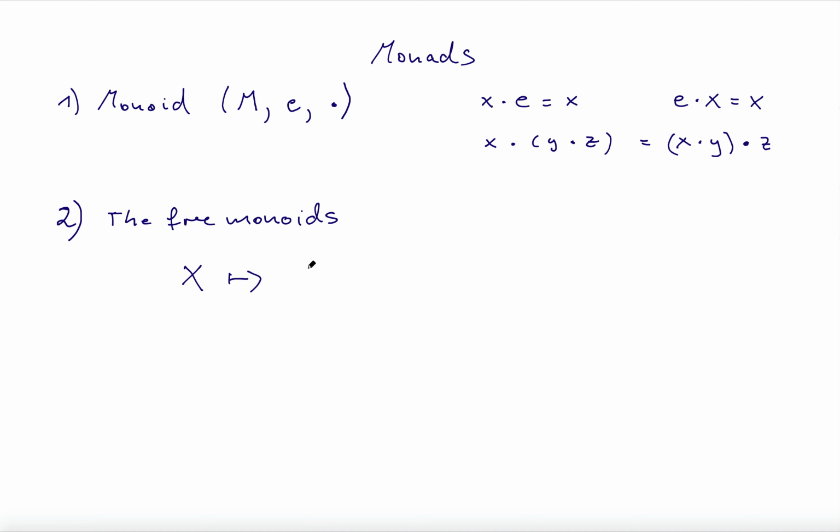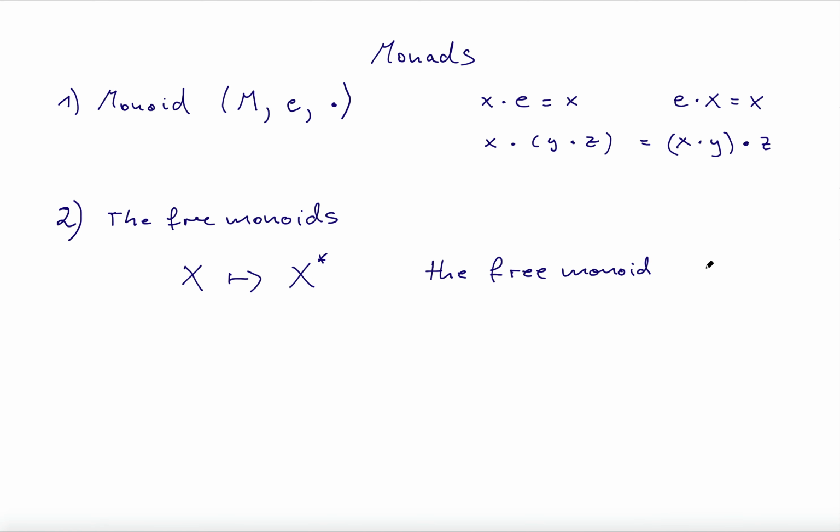If you have a set X, then we can form the set of all finite lists or finite words over X. The common notation for this is the star notation, Kleene star, X to the star. This is just the set of all words over X. But this is also, as it happens to be the case, the free monoid over X.